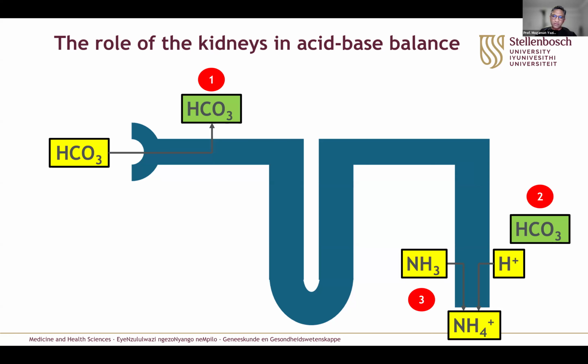And thirdly, we excrete hydrogen in the urine in the form of ammonium. So these are really the three key mechanisms by which the kidneys maintain acid-base balance. And any abnormality of these mechanisms may result in a problem with acid-base.